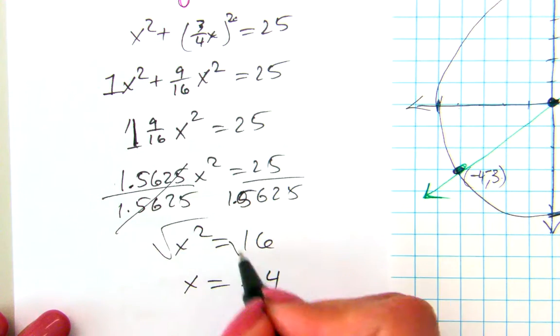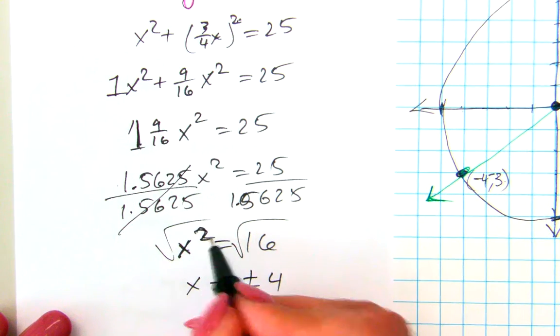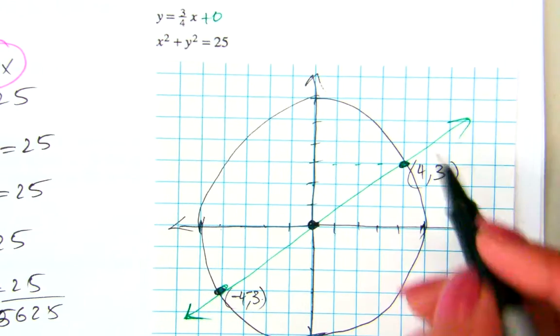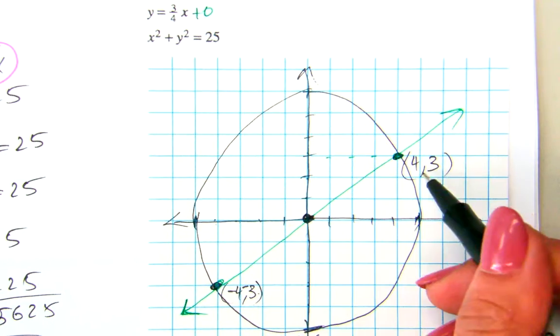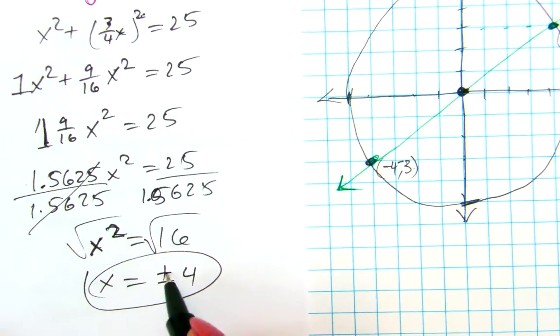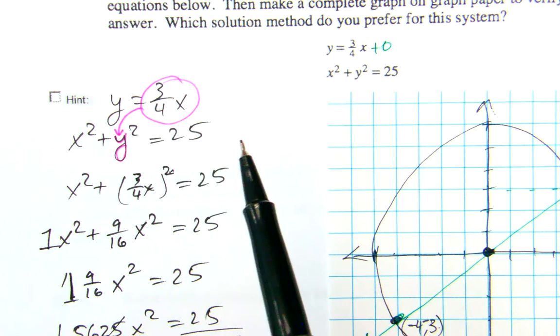Yay, because you took the square root of both sides. So you get two answers because it's a quadratic. You need two solutions. If you just got 4, that's not okay, because obviously there's two solutions to where the line intersects the equation for the circle. So both of these, +4 and -4, need to be plugged back in. I don't care which one you do it with. My advice is go with whatever is easiest for you.